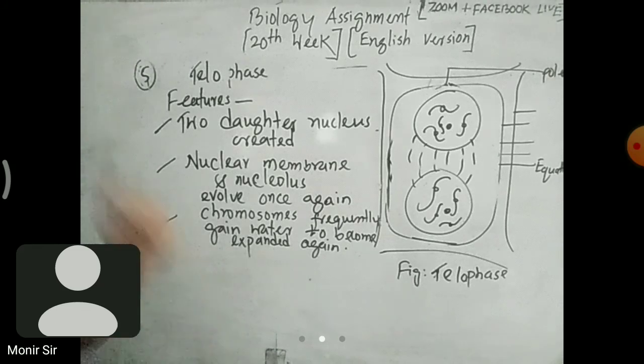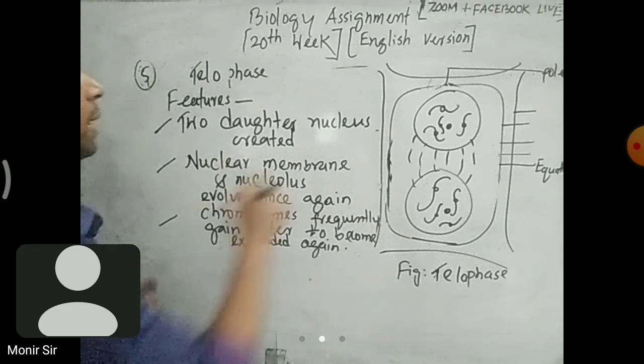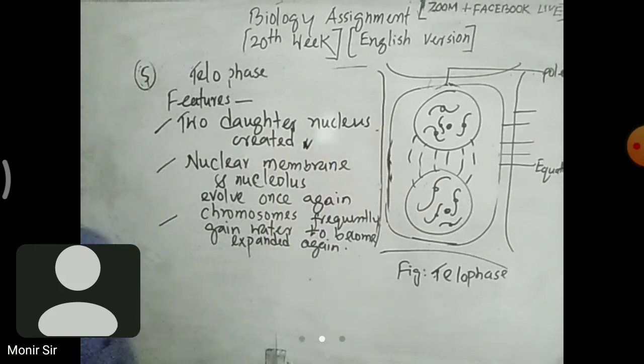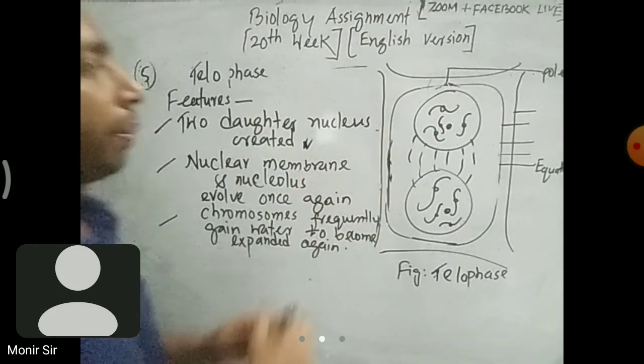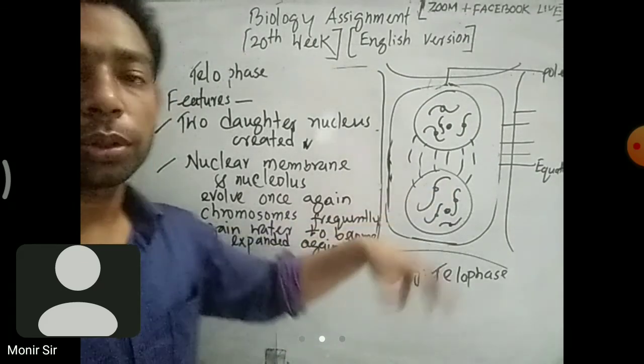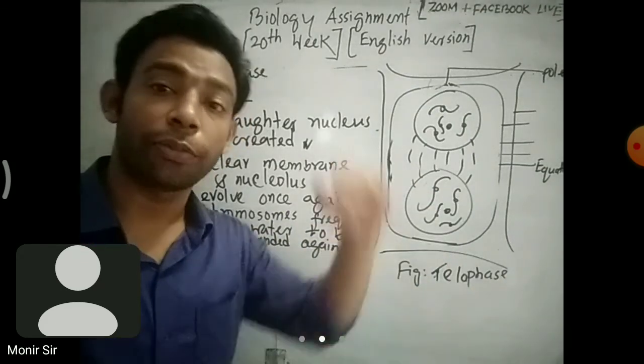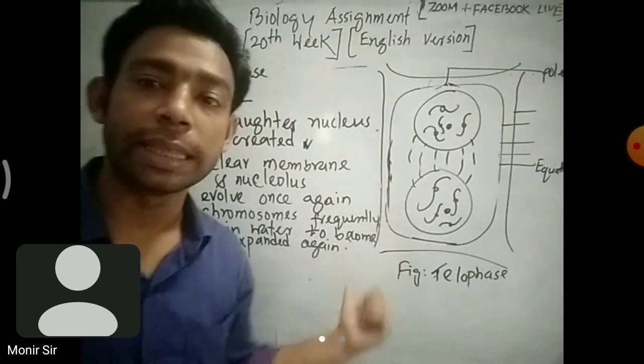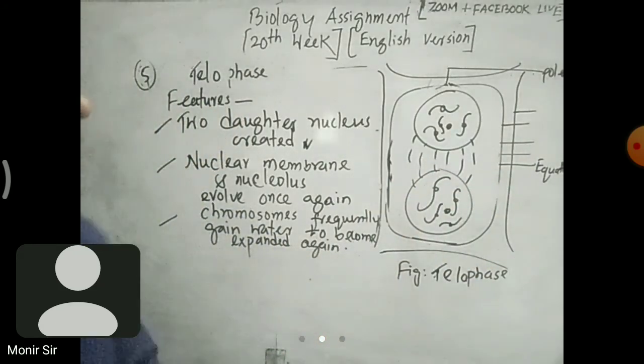So two daughter nuclei are created here. We have seen nuclear membrane and nucleolus evolved once again, and chromosomes, which in the previous stage and the very first stage lost their water, here gained water and become expanded once again.